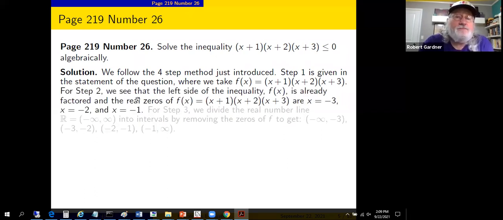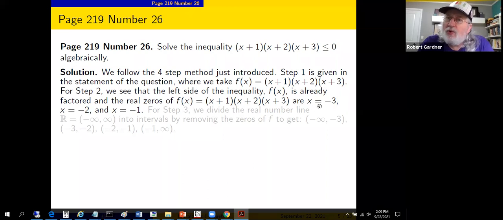So for step 2, we would factor the left-hand side, but this one is already factored for us. So we'll see where this function could be 0. We're looking for x-intercepts here. Of course, it's 0 when any one of these terms is 0. So that would be x equals -1, x equals -2, and x equals -3.